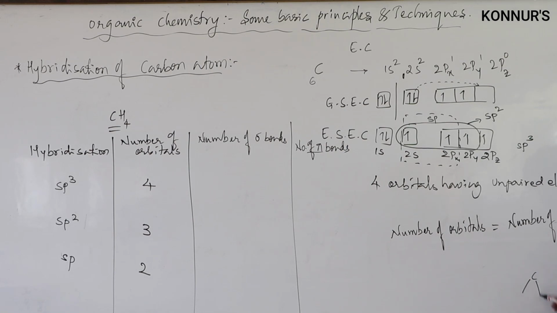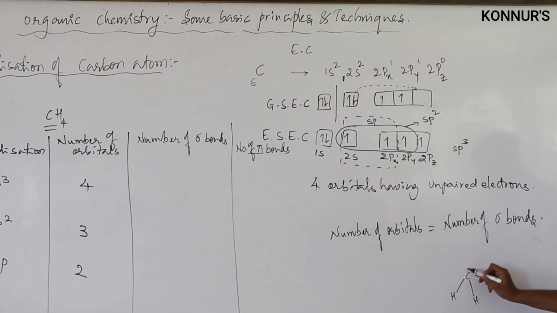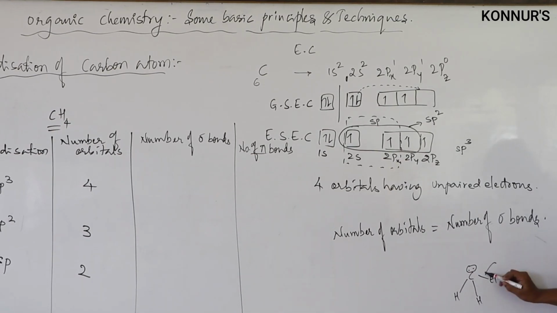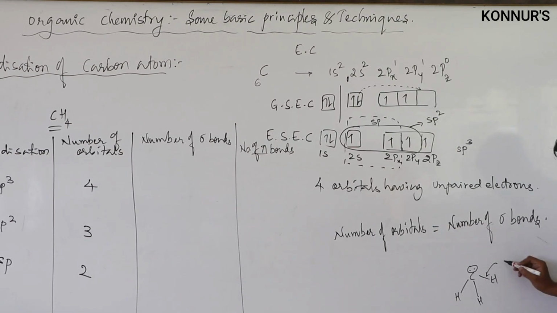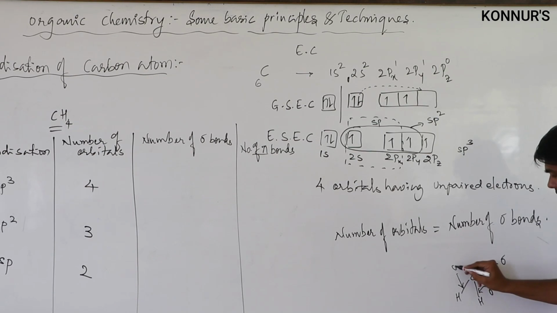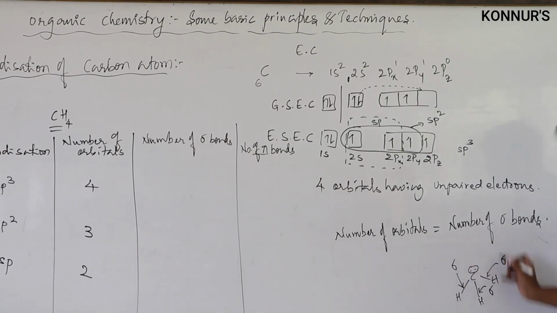If it is CH3, that is the methyl carbanion. Here we can find a single bond, and a single bond is nothing but a sigma bond. Single bond, sigma bond; single bond, sigma bond. How many sigma bonds are here? 3 sigma bonds.